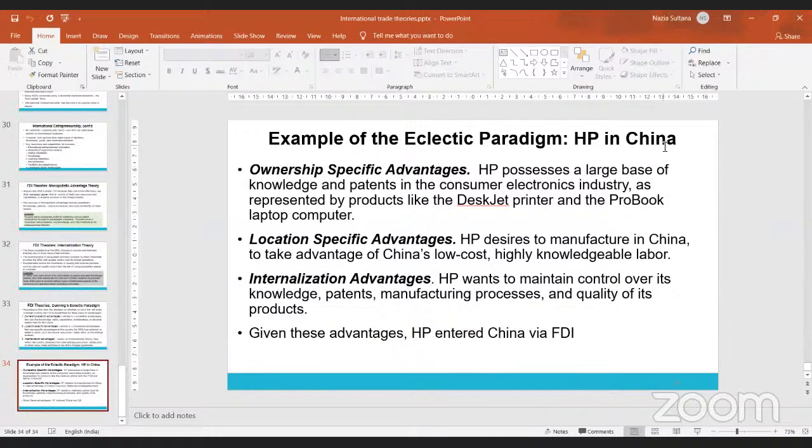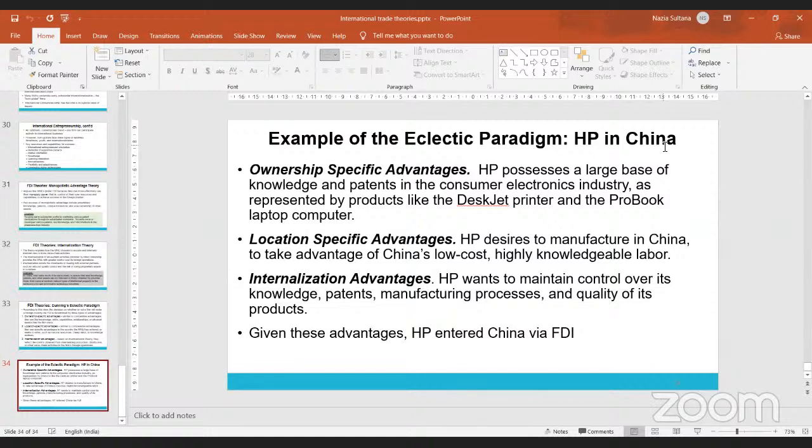Then they have a location advantage. In case HP is desiring to manufacture in India or in China for that matter, then because HP is not a Chinese company, Hewlett Packard, HP is actually based in USA. So when you have this company having to choose China, why will they go and invest there, desire to make a manufacturing plant in China, start operations there and integrate that value chain with their value chain, only if they have some advantages, right?